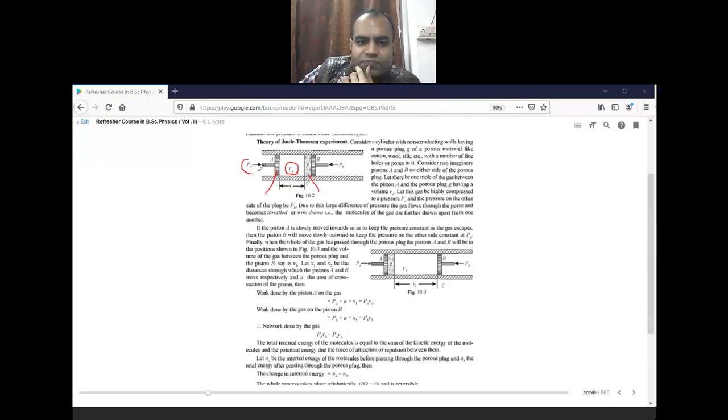And let this gas be highly compressed to a pressure PA. Okay, so you can see this is PA.